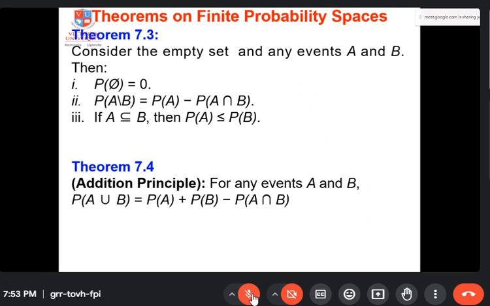That's why in the previous formula for exclusive events, it was only the probability of A plus the probability of B. But if the events are not exclusive, that means if we have some intersection, then we have probability of A plus probability of B subtract the probability of A intersection B. Is that okay? Very good.